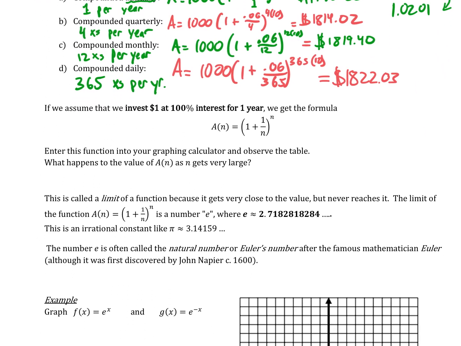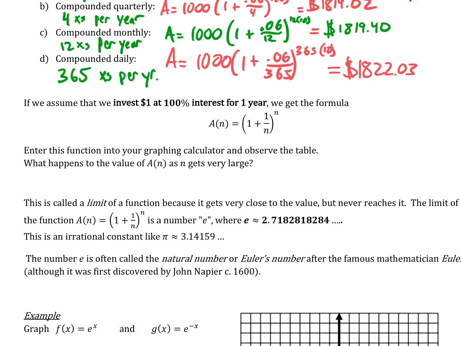In fact, that leads us to an interesting situation where we can say if we have $1 invested at 100% interest for 1 year. All right, so this 100% interest means they're going to double your money. Then we get this formula.